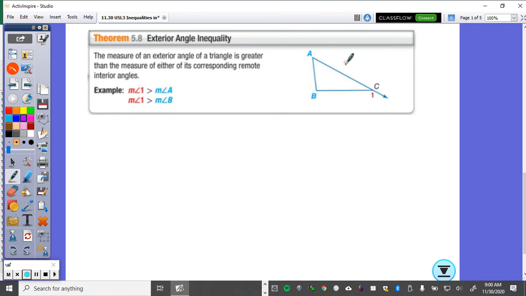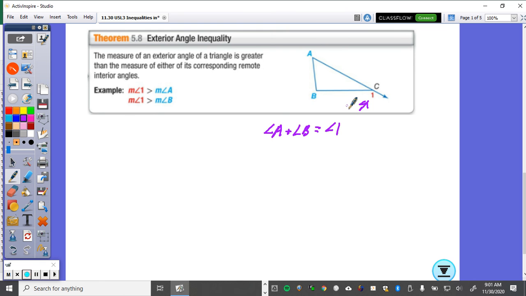You're going to have just letters. And I'm going to say, if this is triangle ABC, and angle 1 is an exterior angle, then if angle A plus angle B equals angle 1, that's the exterior angle theorem.